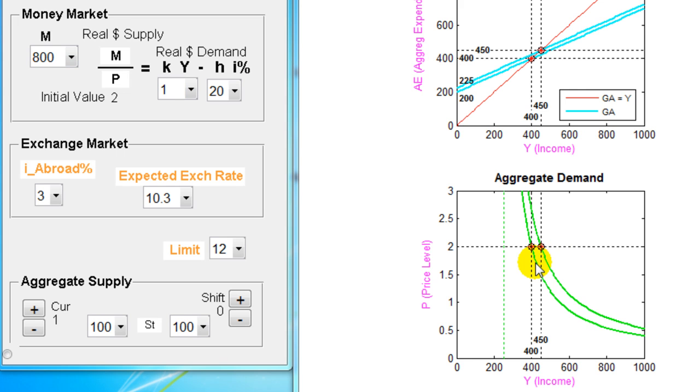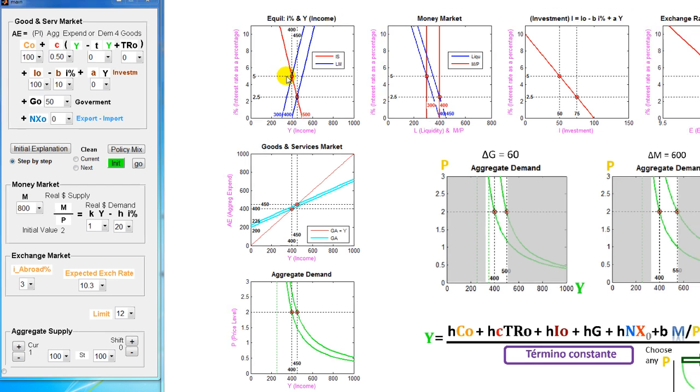But we have to take into account that we are assuming that the price level didn't change. In the next video we are going to see the intuition for why the equilibrium passed from this point to this point when we increase the nominal money supply.